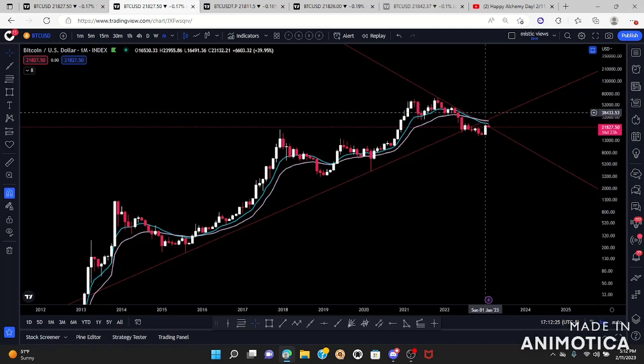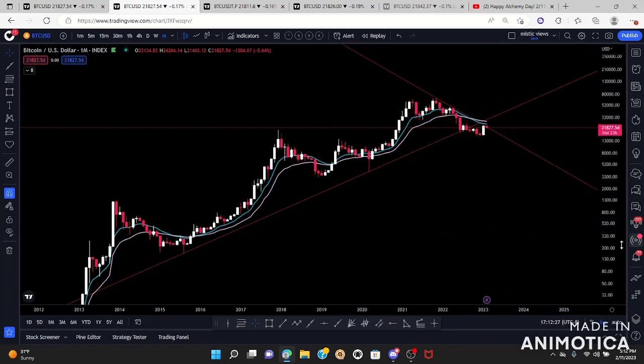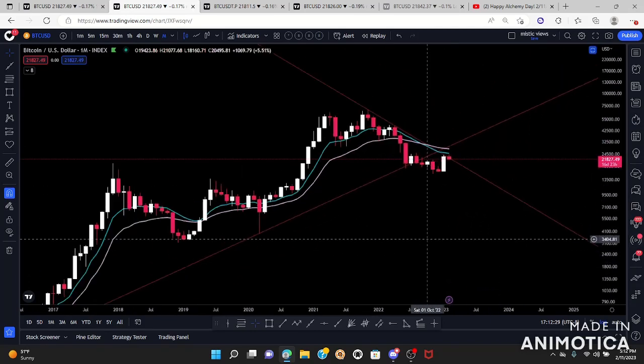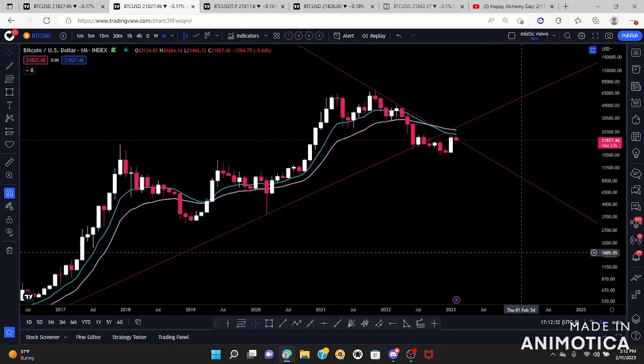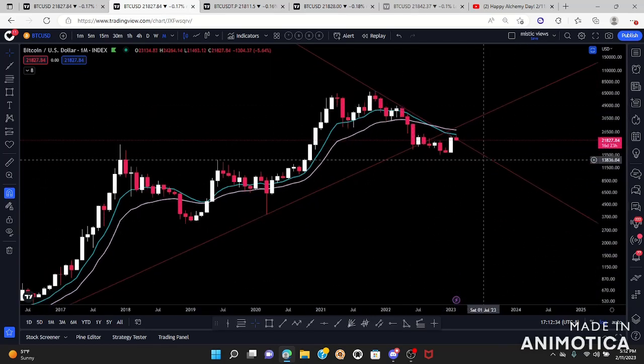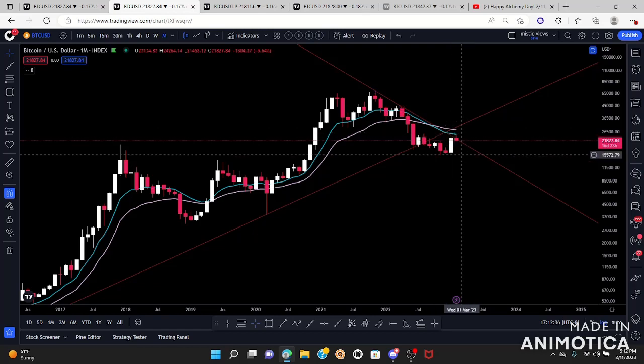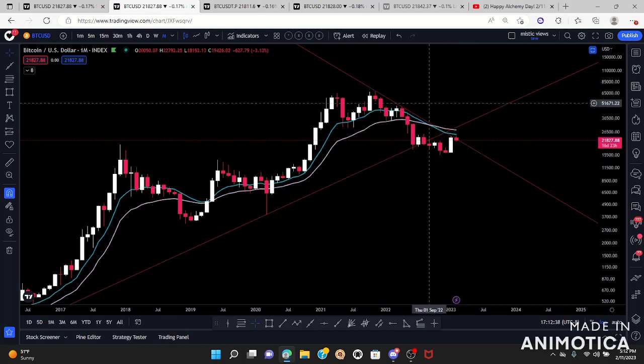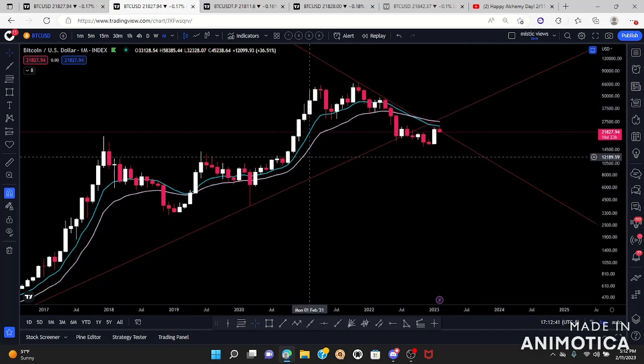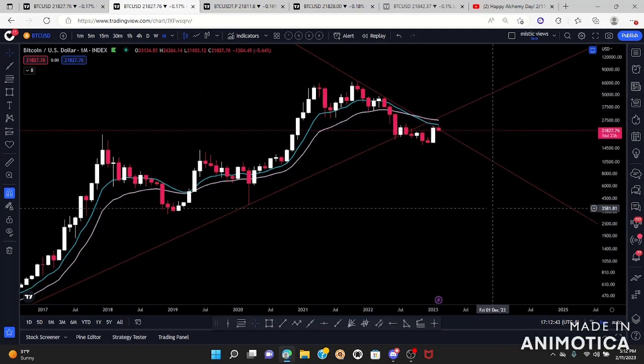We retested, and it seems like we're coming back down. Also, the 12 and the 26 EMAs that I always work out of, we are completely being rejected by the 12 EMA, and they are flipped. So something to keep an eye on.